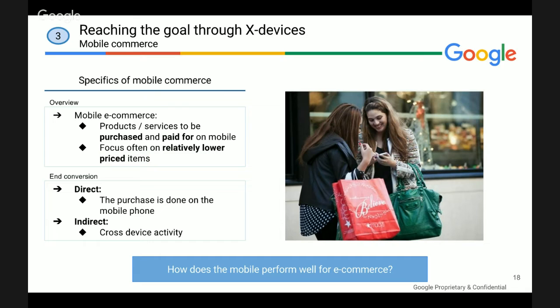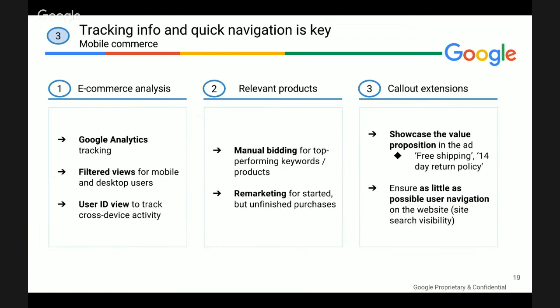On the other hand, there's a really big proportion when it comes to cross-device activity, which means that people see the ad on their mobile phones, they go to the website, they find some products, they log out of their phones, then an hour later they log in to their computers, and then they finish the purchase from there. So cross-device activity is a really, really huge thing when it comes to e-commerce.